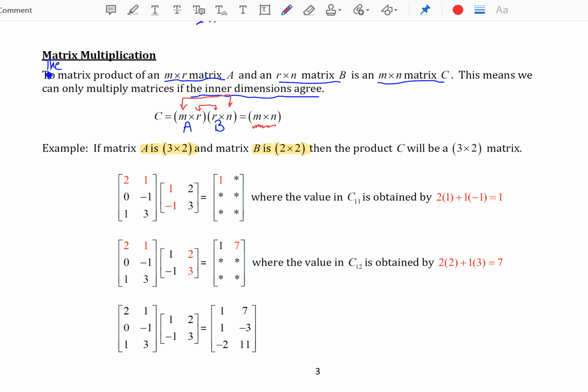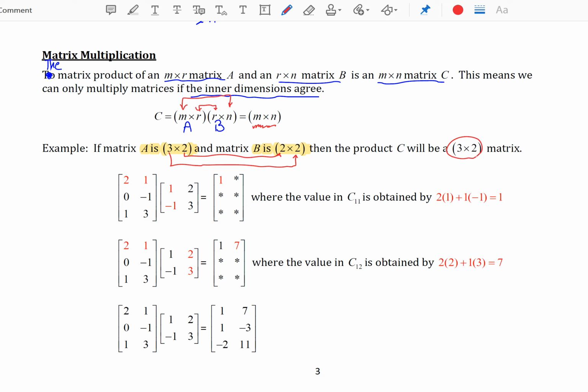Because the inner dimensions are the same, we're allowed to do the matrix multiplication. The outer dimensions tell you the size of our product. We know C will have to be a 3 by 2 matrix.